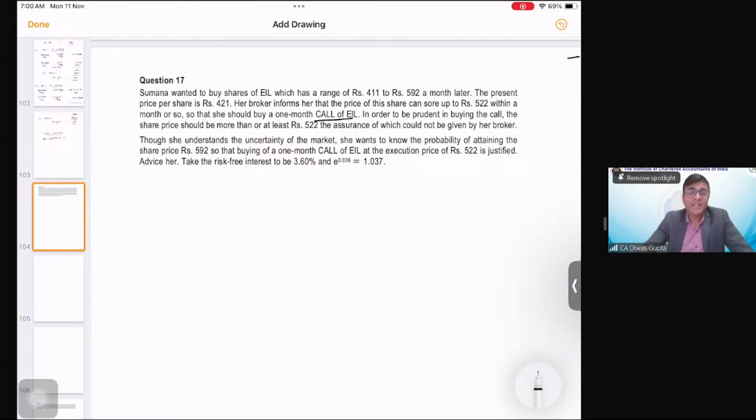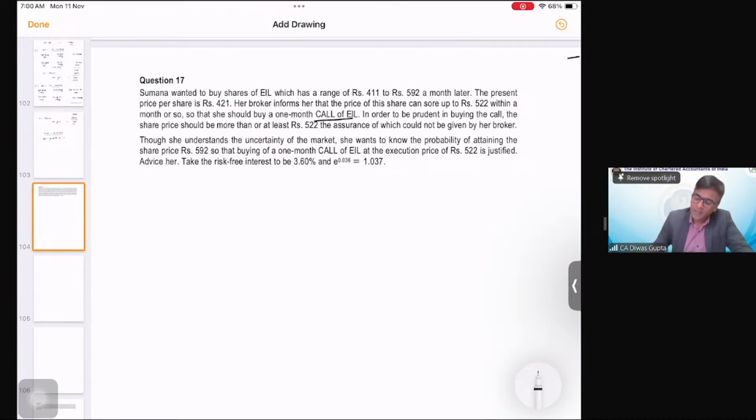Now, ultimately, if she buys the 1 month call option at 522, then the real price, the spot price, has to be higher than 522, right? So for that, the assurance is not given by her broker. Though she understands the uncertainty of the market, she wants to know the probability of attaining the share price of rupees 592 so that buying a 1 month call of EIL at the execution price of rupees 522 is justified.